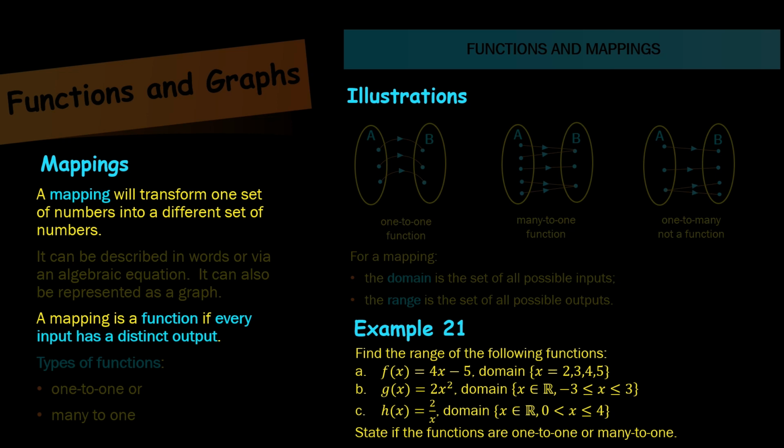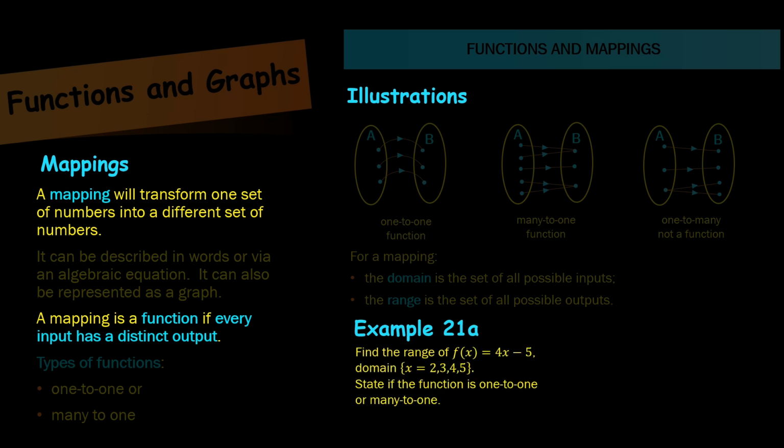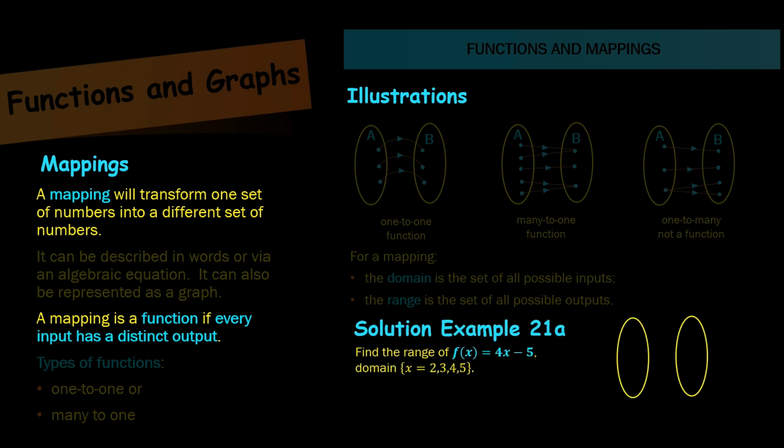So let's solve part A first. We are required to find the range of f of x equals 4x minus 5 for the domain x equals 2, 3, 4 and 5. So let's see where each of these values map onto. 2 maps to 3 because 4 times 2 minus 5 is equal to 3. 3 maps to 7 because 4 times 3 minus 5 is 7.